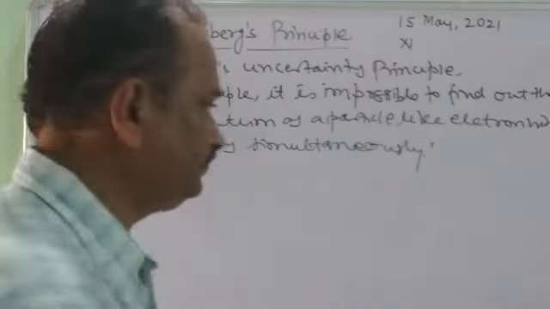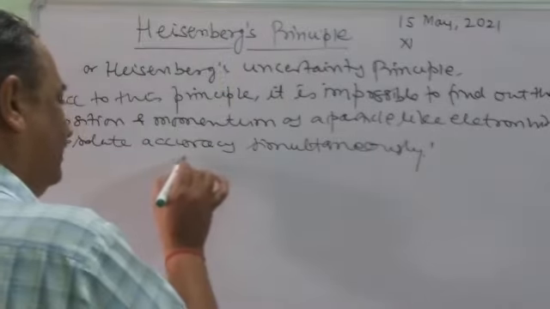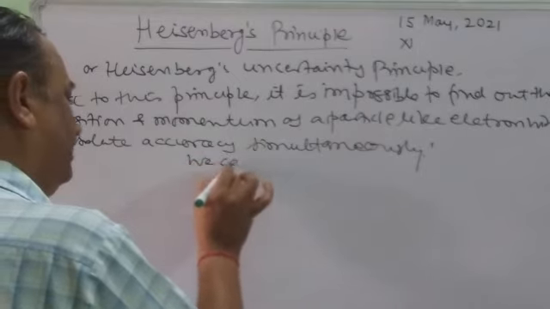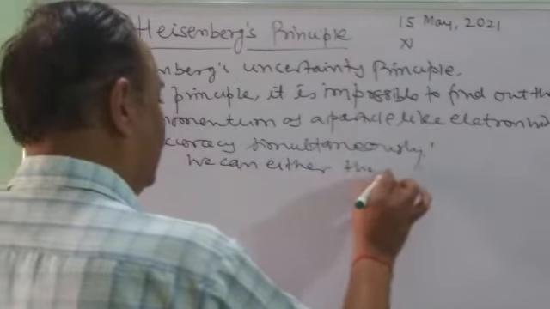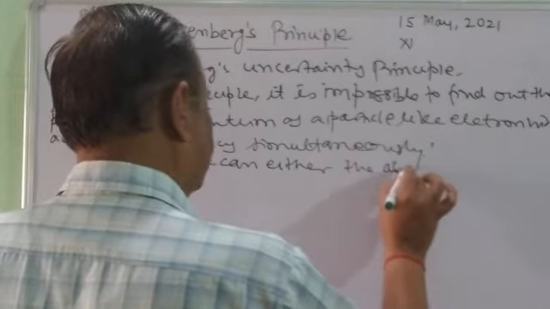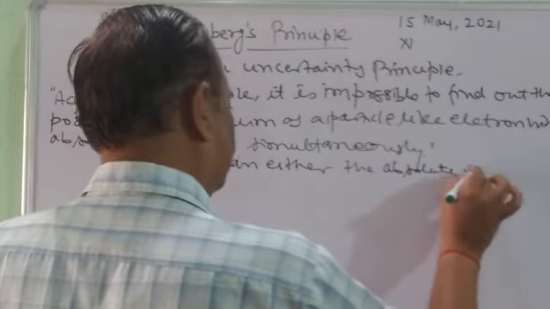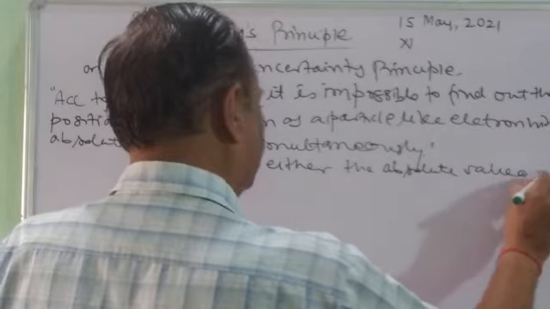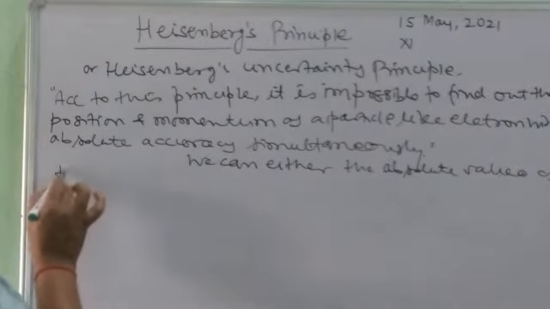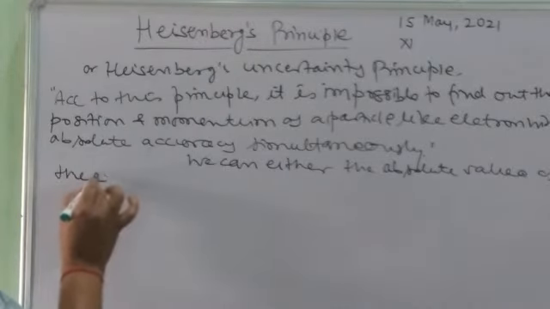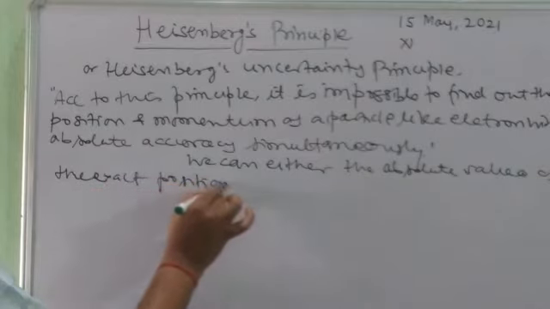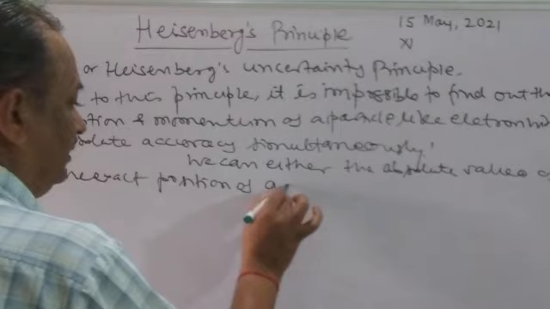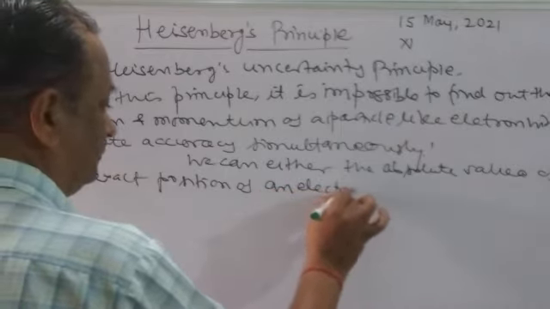The other way is that we can have either the absolute value of the exact position of an electron.